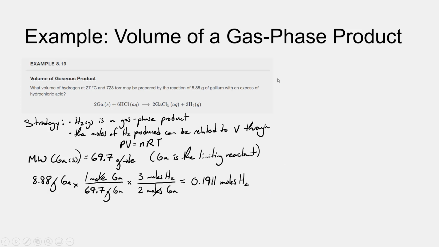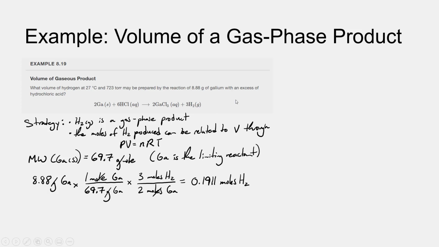What the problem is really asking us to do is use the ideal gas law now to determine how much volume 0.1911 moles of hydrogen gas would occupy. And we know how to do that with the ideal gas law.